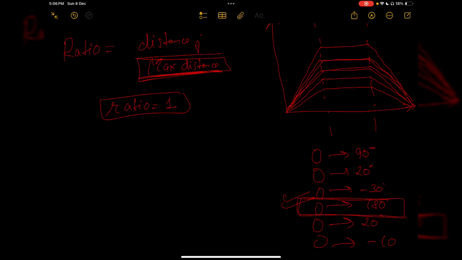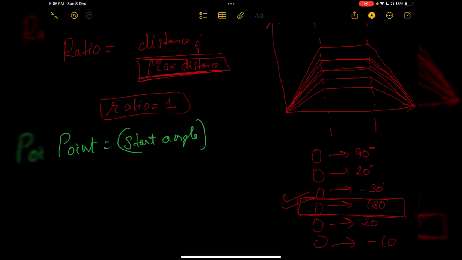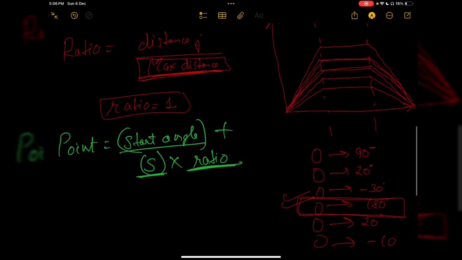So what I will do, I will find a point that is basically the start angle, what is the start angle for that joint, plus this s which we have found above, but that s multiplied by this ratio. So when the ratio is 1, everything will be added to the start angle.